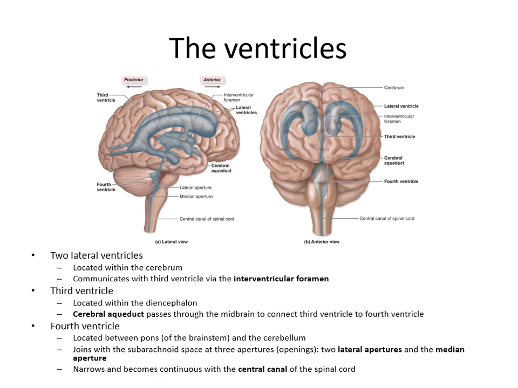It just keeps going down until it reaches the bottom of the spinal cord, and now you're opened up into the subarachnoid space. So what we have here is a structure in which the cerebral spinal fluid is made. It goes from the lateral ventricles to the third ventricle to the fourth ventricle, down, out, and around. The down, out, and around is the subarachnoid space.